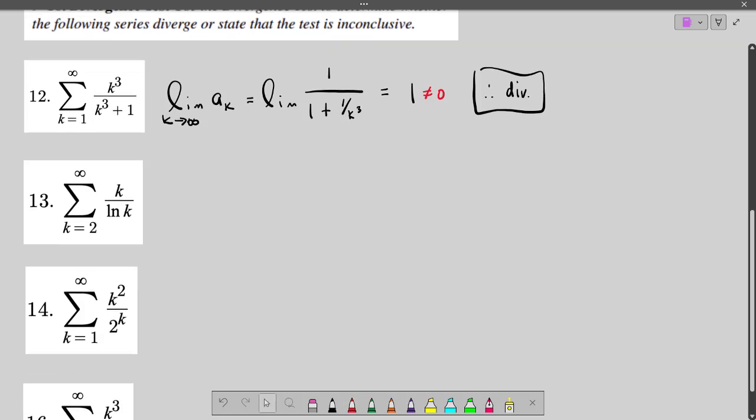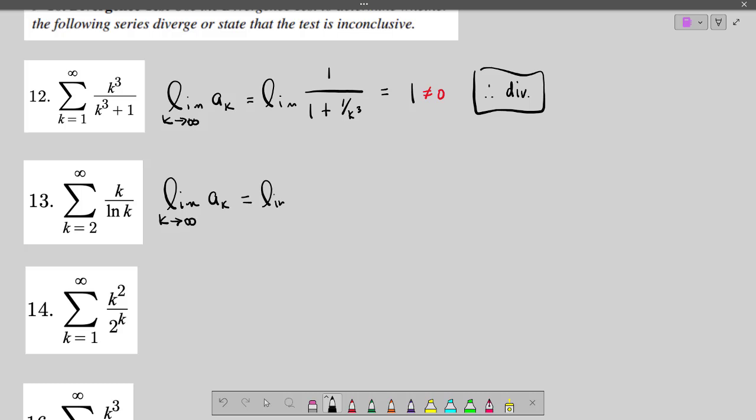Same idea down here. So the limit of a sub k as k goes to infinity here is going to be the limit of k divided by natural log of k as k goes to infinity. Let's see.